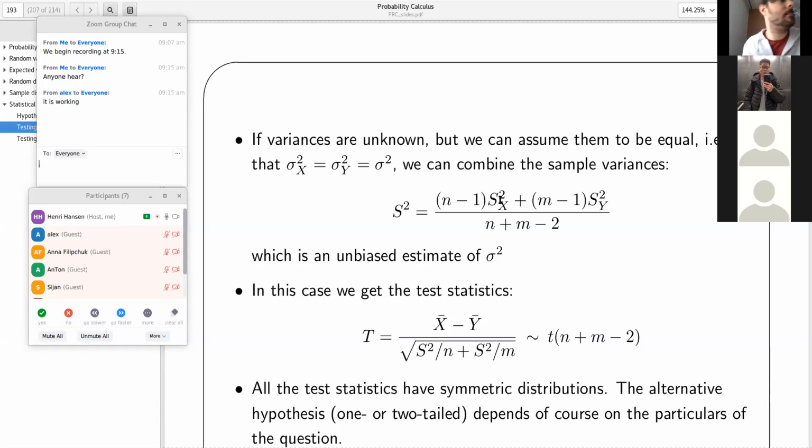Let me just have a piece of paper and write it. So you have your S squared of x is equal to 1 over n minus 1 times the sum as i ranges from 1 to n of (x i minus x bar) squared. So this is your sample variance for x.